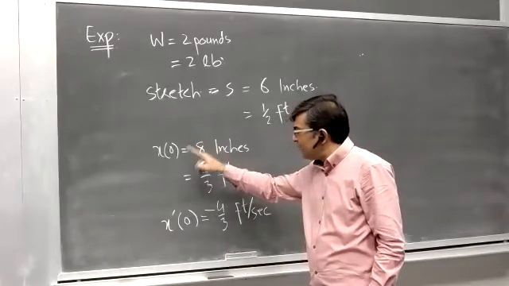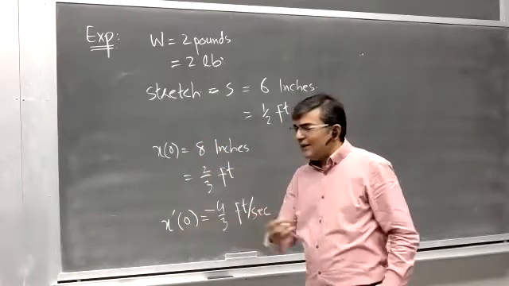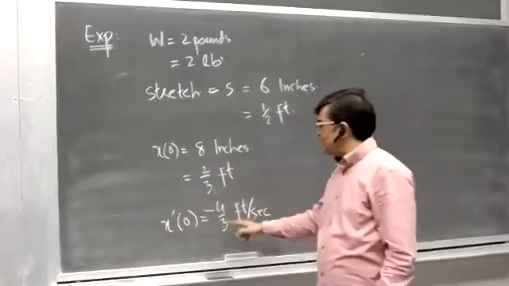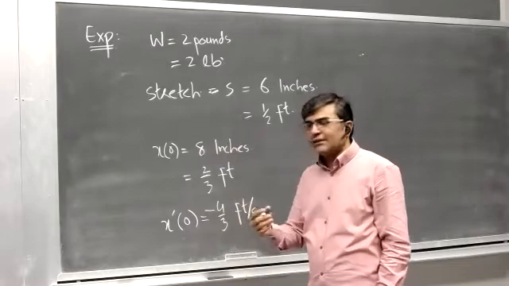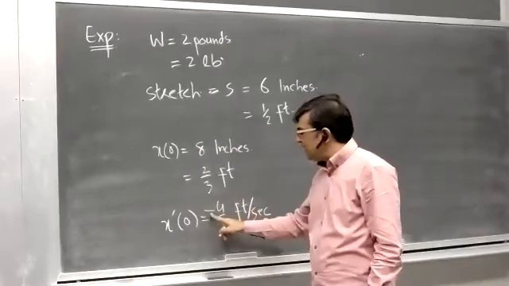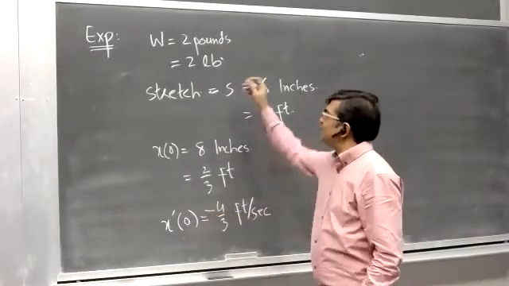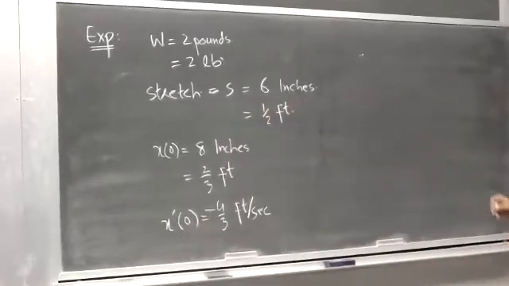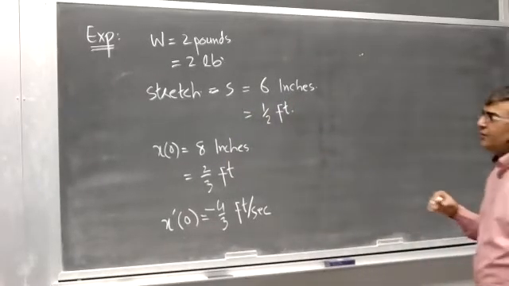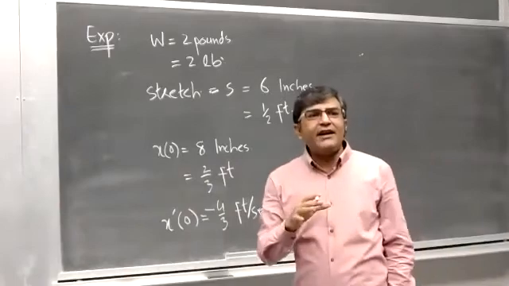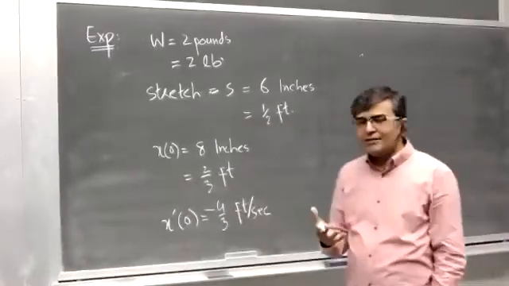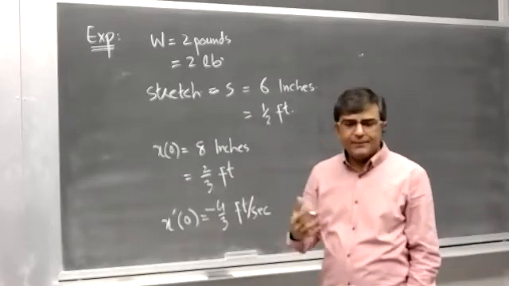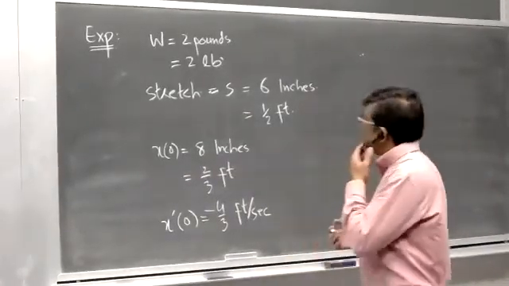Then x of 0 is equal to 8 inches with an imparted upward velocity of 4/3 feet per second. If the velocity is upward, then it will always be negative here. So this is our data. We have to construct a differential equation which describes this free undamped motion. As there are no other forces applied on that spring, it is basically free undamped motion.